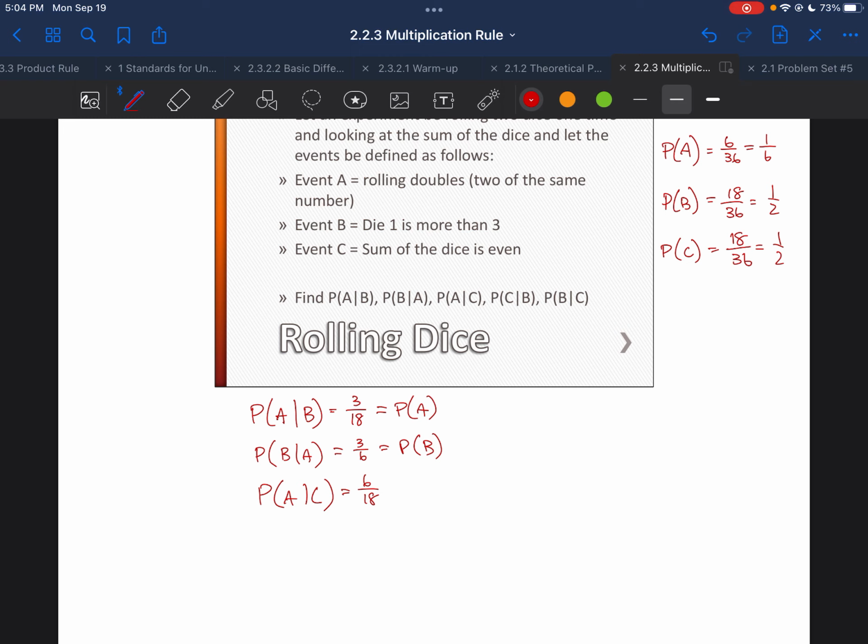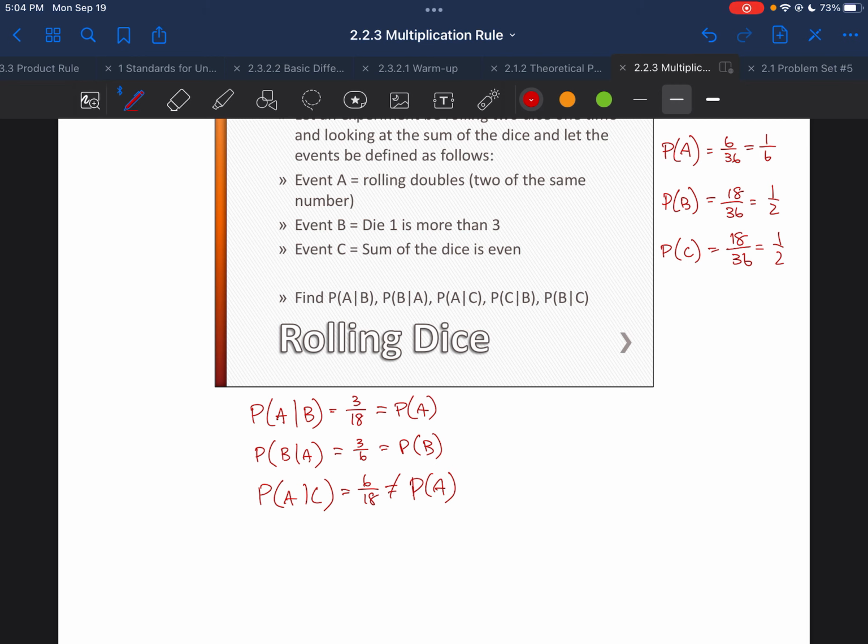That's not equal to 1/6, so this is not equal to the probability of A. And so these are dependent events. A and C are dependent on one another in this scenario.